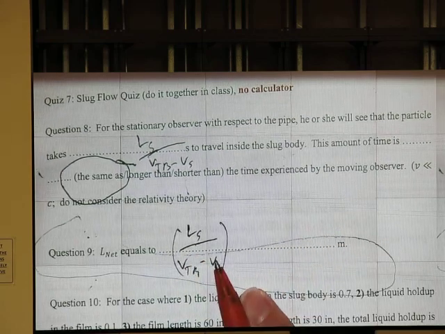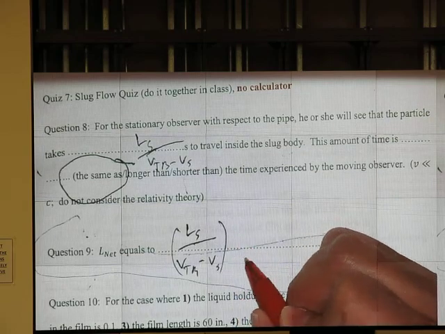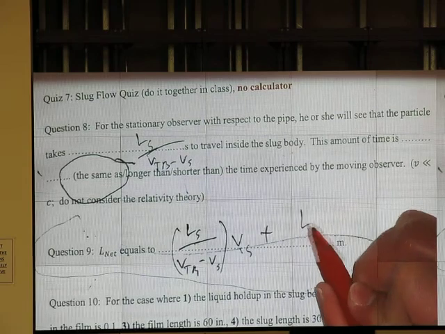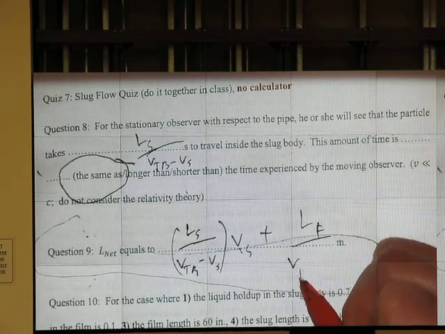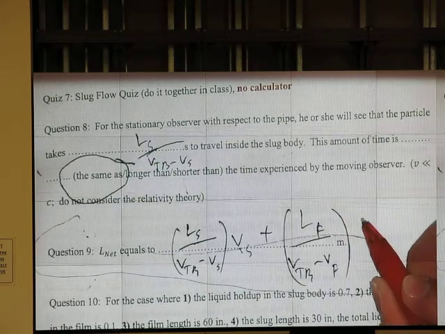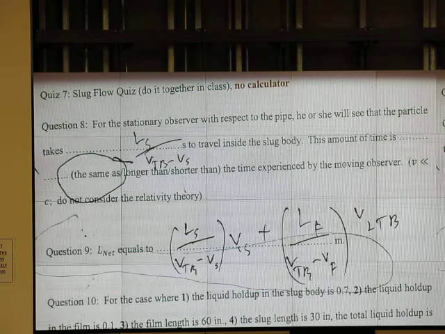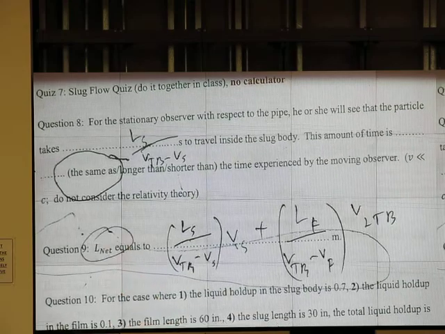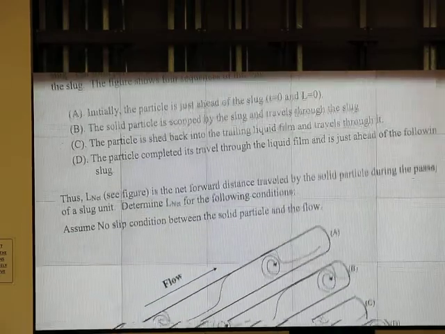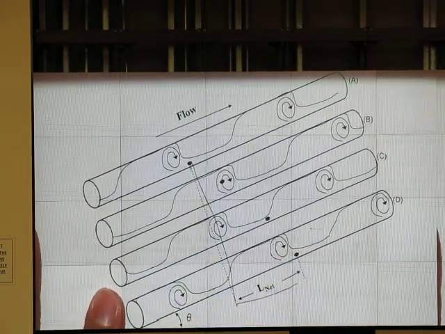The actual velocity of the particle will be Vs, plus the time Lf divided by VTB minus Vf, multiplied by the actual velocity inside the film, VLTB. So this becomes Lnet, or the amount of distance that this particle travels forward. Good.